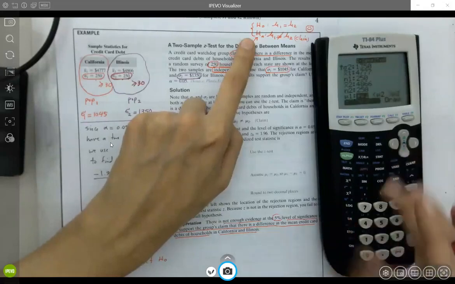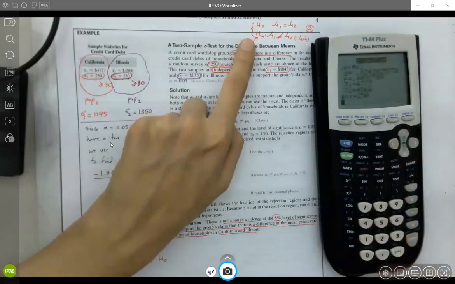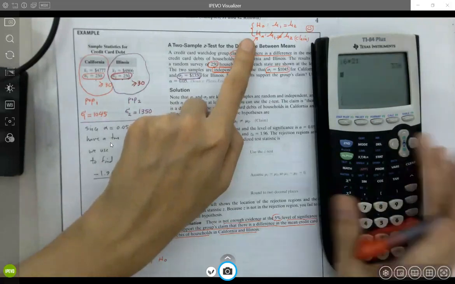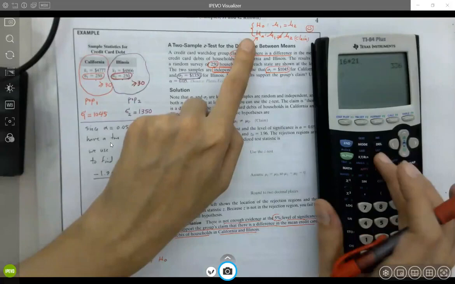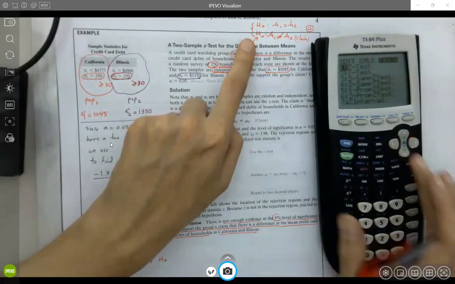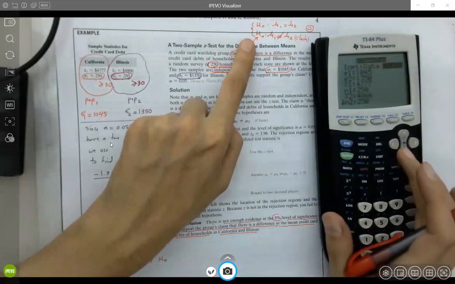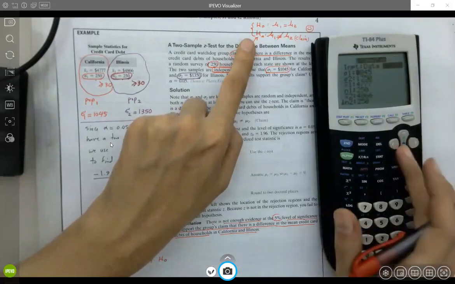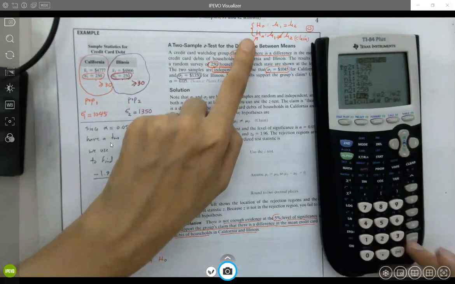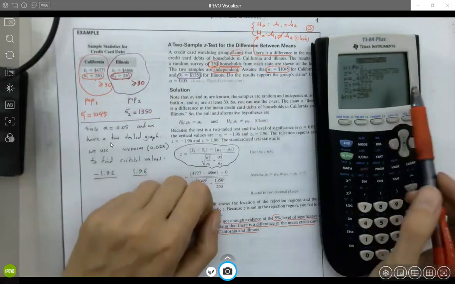Well, let's click on calculate. Here we go.